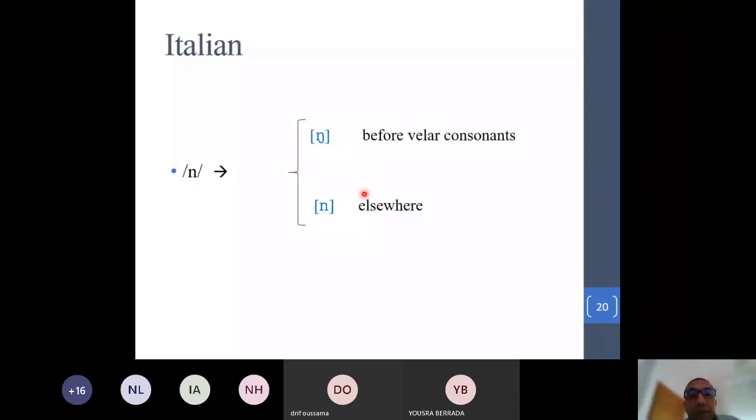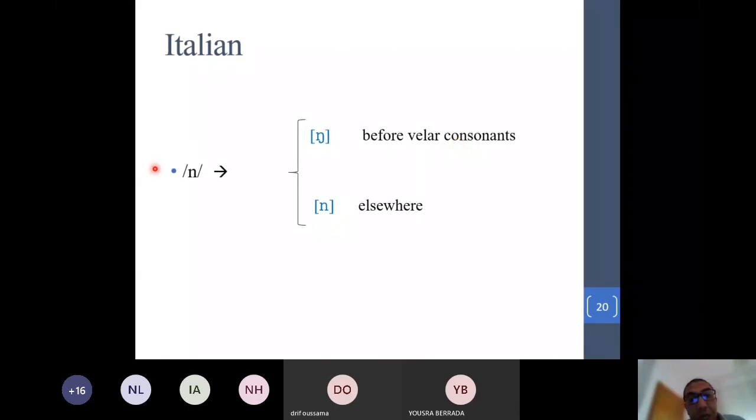before velar consonants. Again, this change is phonetically motivated by the context. When we have the presence of velar consonants, the n which is alveolar becomes velar. So this is velarization, or assimilation in terms of place of articulation.